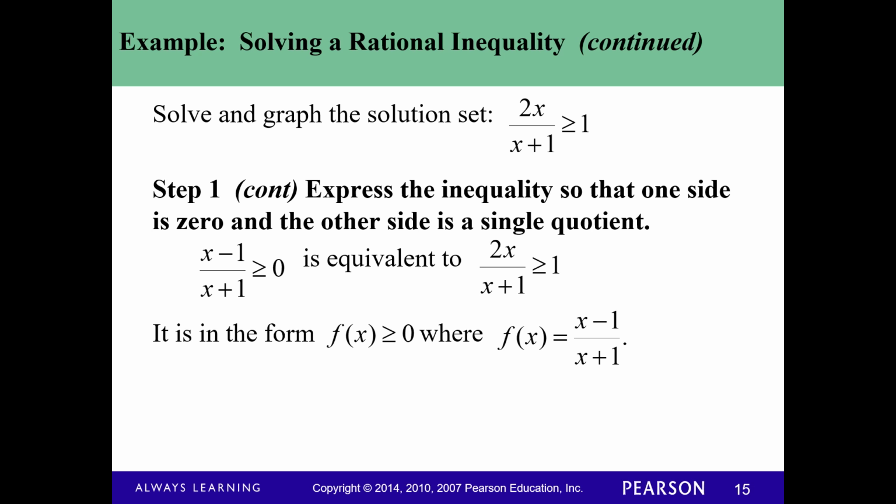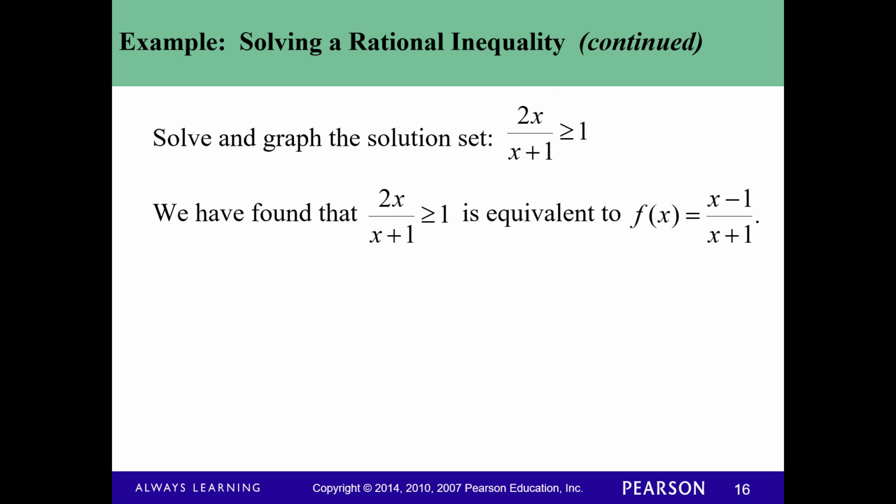And so basically what we're saying is that we don't have to work with this original problem. We can now work with this one, because they're equivalent to each other. And it's in the form greater than or equal to 0.